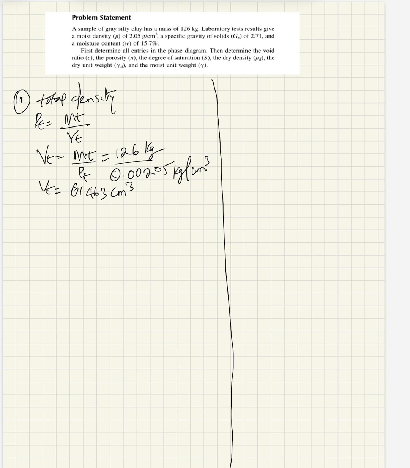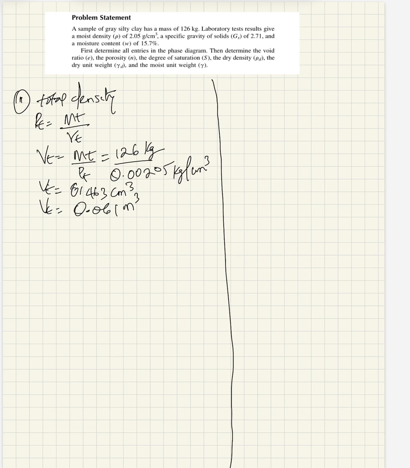That is the combination of the volume of solid and the volume of void. If you convert that to meter cube, it is 0.061 meter cube. So that is the total volume we have, the combination of the volume of soil and the volume of void.